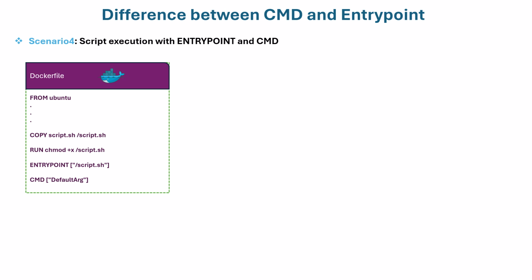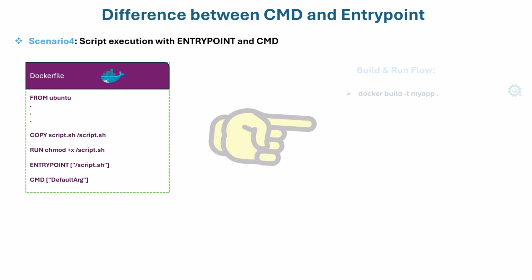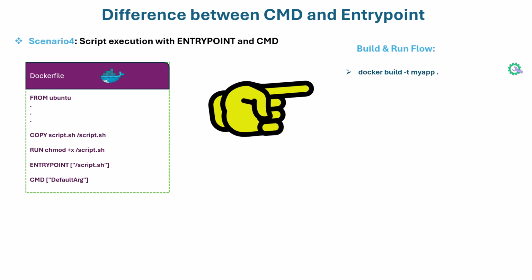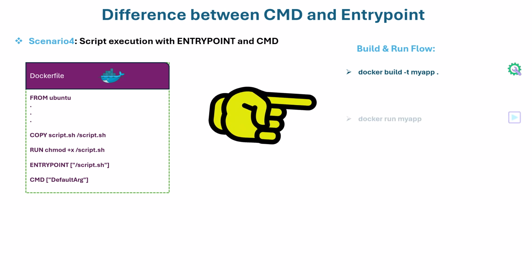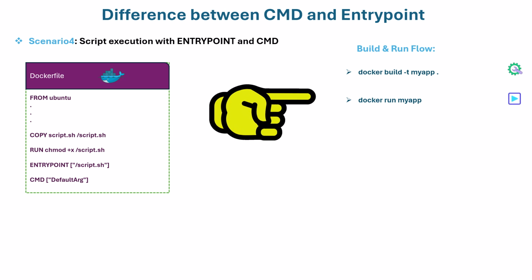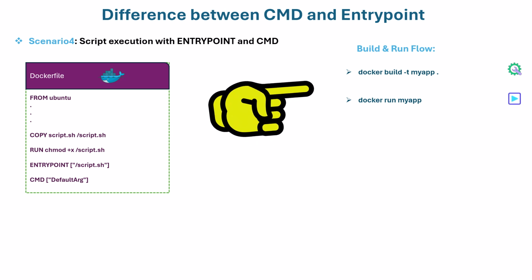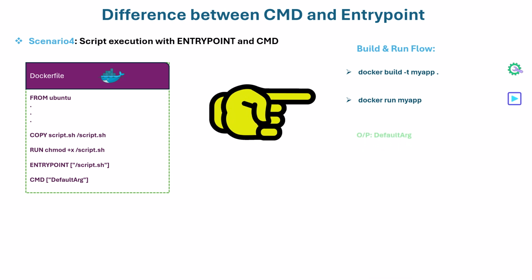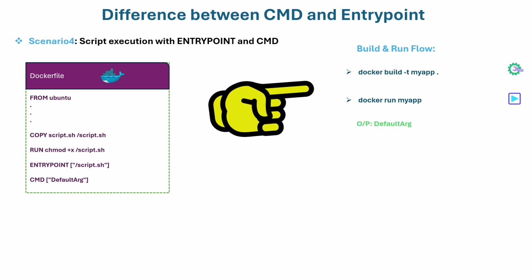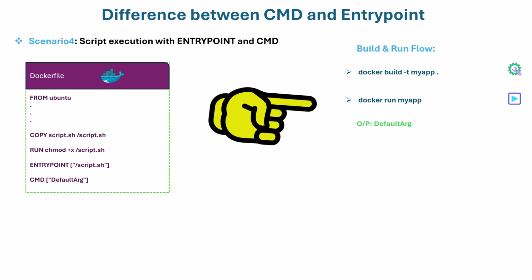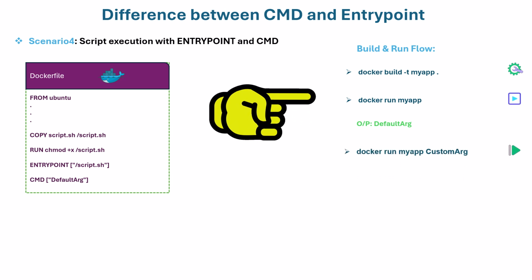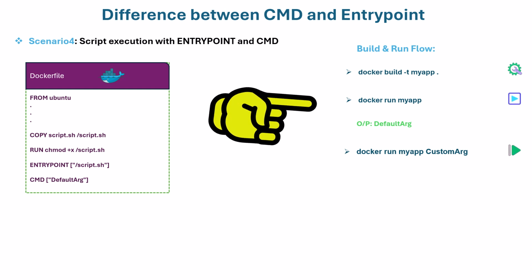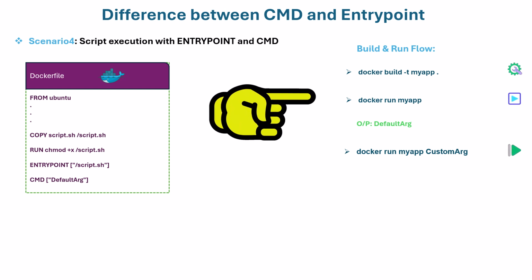Once the Dockerfile is ready, it's time to build the image by running this command. Then next we run the container without any arguments. The output is the default argument, which is from the CMD. Next, we run another instance of the application by passing a custom argument. When we pass a custom argument, the output is the custom argument.